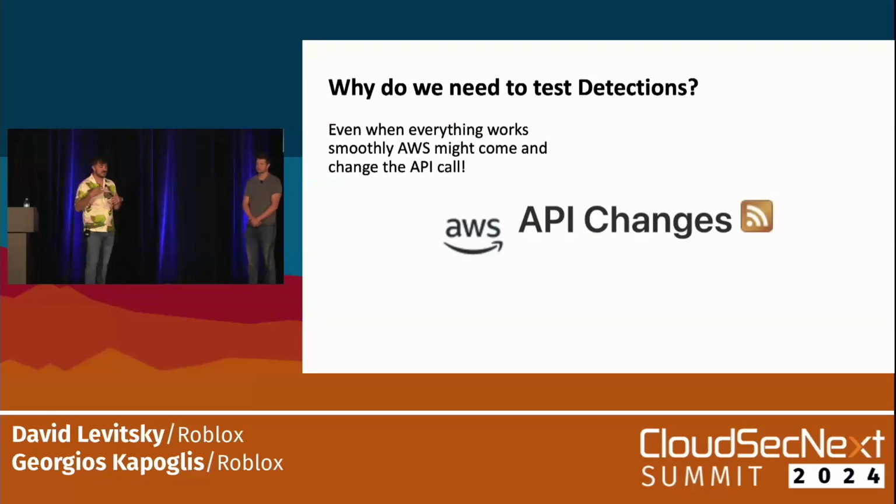So when this happens, what is our result? We don't have a detection because we were trying to look for API call A. Let's say that we're looking for create user, and then maybe 6 months down the road from today, this create user might be create users for some reason. And that actually happens often.